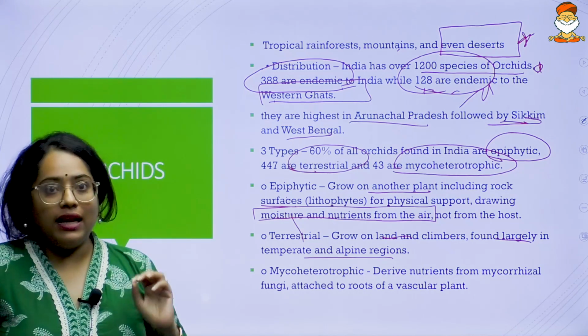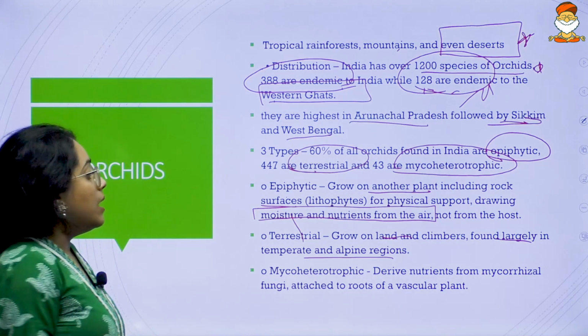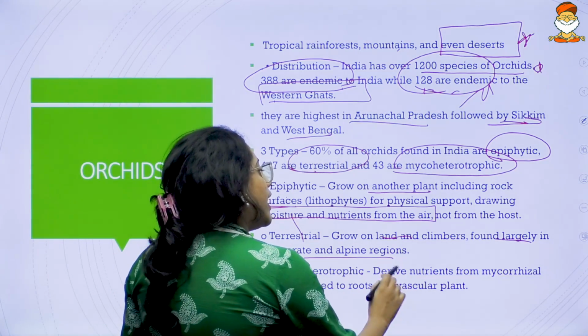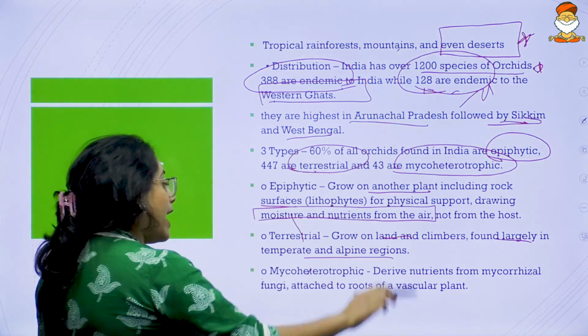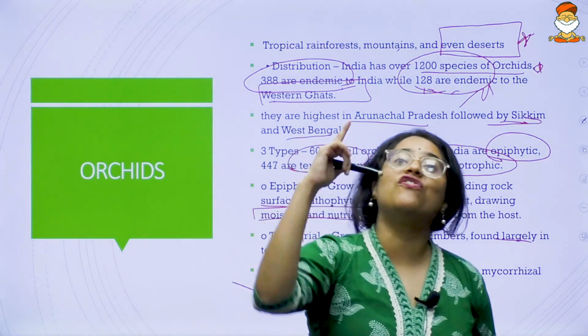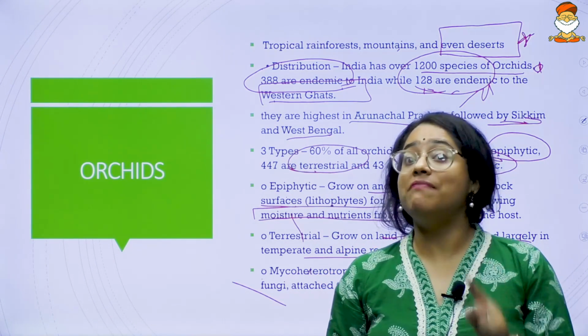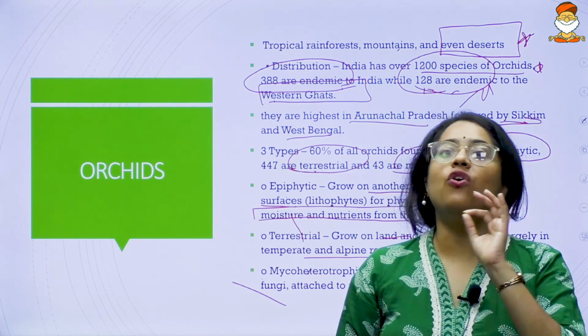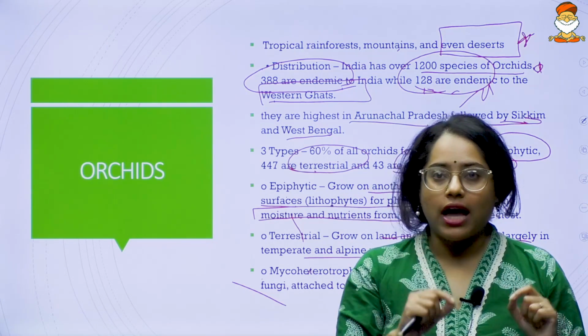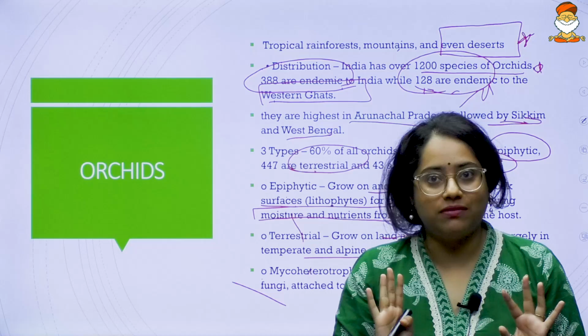Finally, you have another category called mycoheterotrophic, which means they derive nutrients from mycorrhizal fungi attached to the roots of a plant. I have mentioned this to you. Mycorrhiza is actually the fungi or smaller organisms that occur in the roots of certain plants.